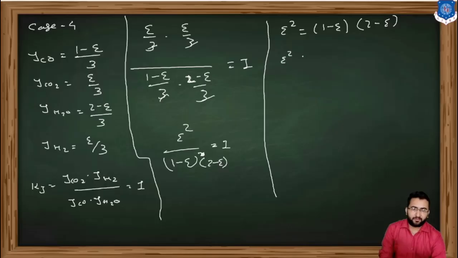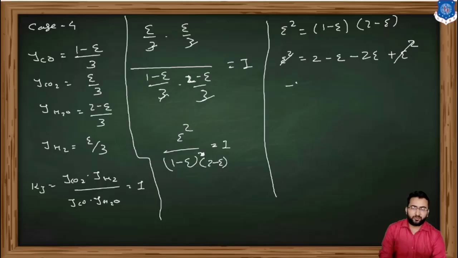So epsilon square is equal to, we have to break this bracket, so it becomes 2 minus epsilon minus 2 epsilon plus epsilon square. So epsilon square cancels.